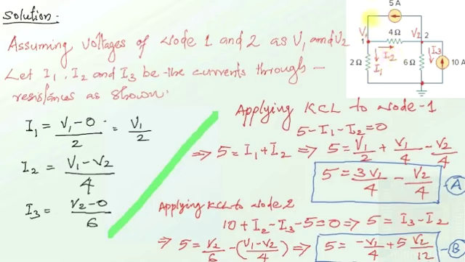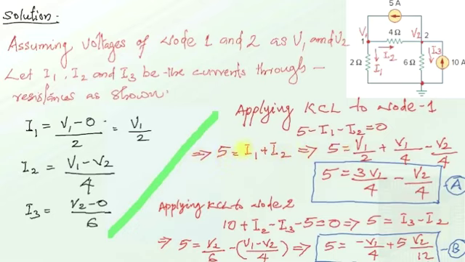So the resulting equation will be 5 minus I1 minus I2. Here 5 ampere is flowing into the node and I1 and I2 are flowing out of the node. That is why we have taken it as minus I1 and minus I2. So this is the first equation: 5 minus I1 minus I2 is equal to 0, which can be rearranged as 5 is equal to I1 plus I2.